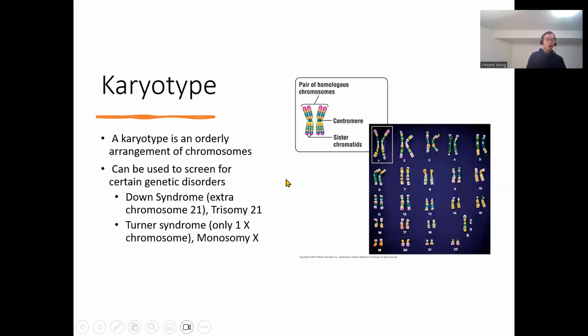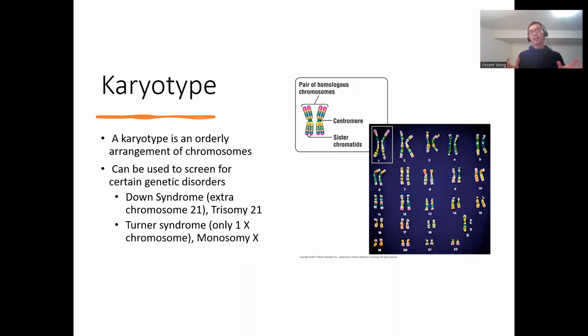So how do we know? Well, it's possible to check the DNA of the baby if parents want to find out, or if there's a family history of these genetic disorders, or if the family is at high risk of having some of these genetic abnormalities.